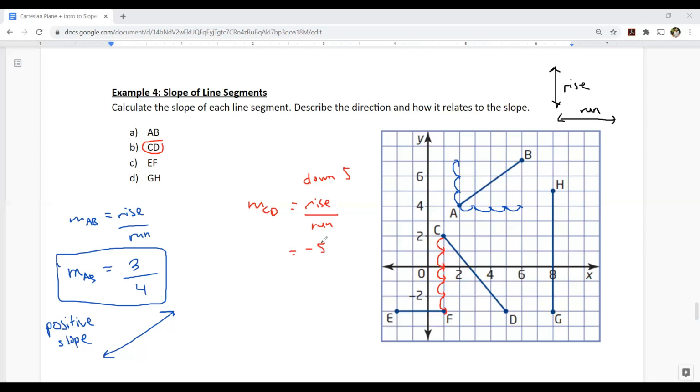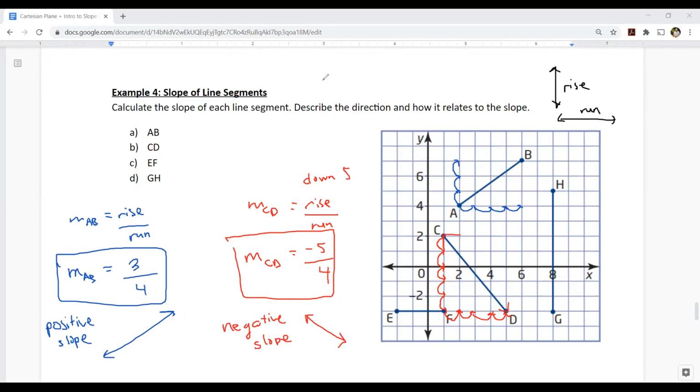Negative because we went down, or because we're falling. In terms of our run, we went 1, 2, 3, 4 units. So we're going to write 4 here. And we're going to see that our fraction is going to be negative 5 over 4. And in this case, we could also confirm that because we have a slope that falls down when it goes from left to right. So this will have a negative slope.